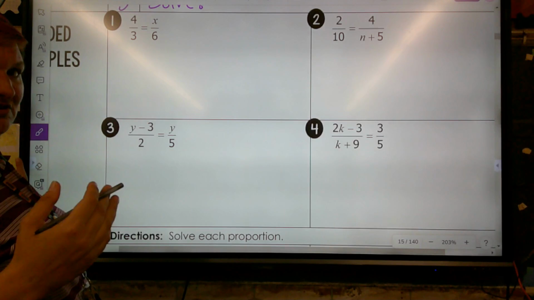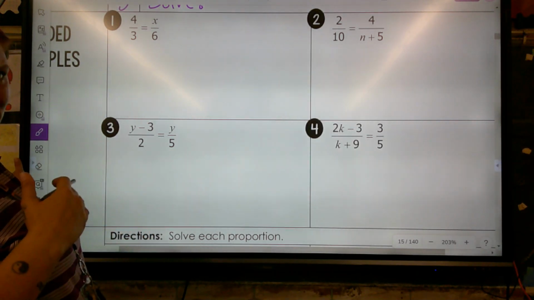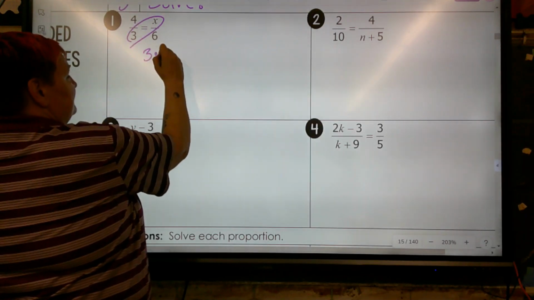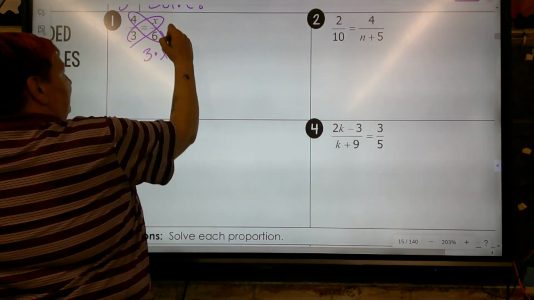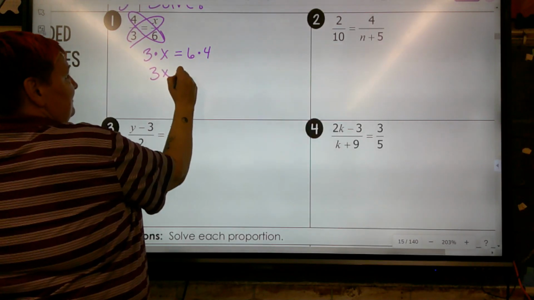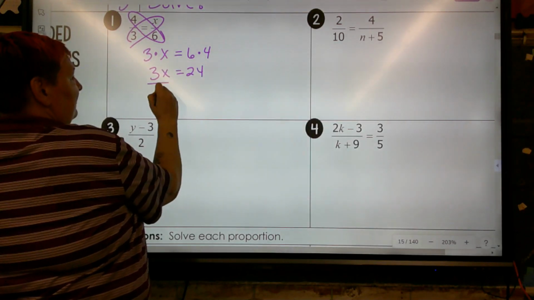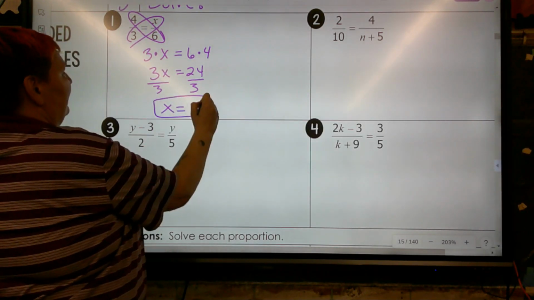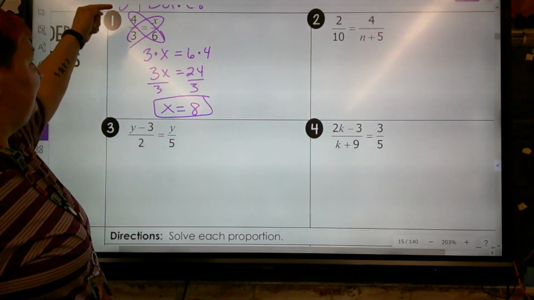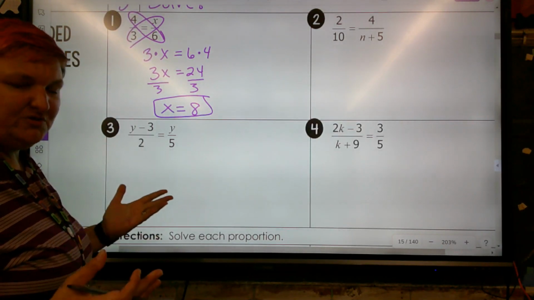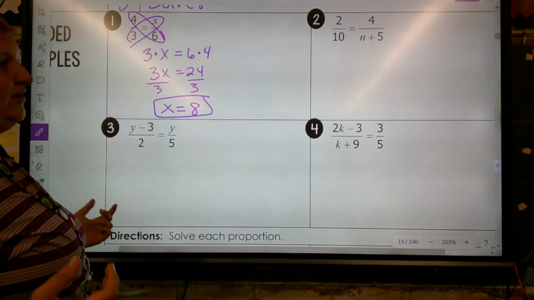Personally, I'm going to start on the side that puts the variable on the left. 3x, which is 3 times x, and then equal to 6 times 4. 3x equals 24. Get rid of the coefficient. X equals 8. Just like that. You know what the missing number is. 4 over 3 is equal to 8 over 6. They're in proportion. They're equivalent. That's why it's called a proportion.